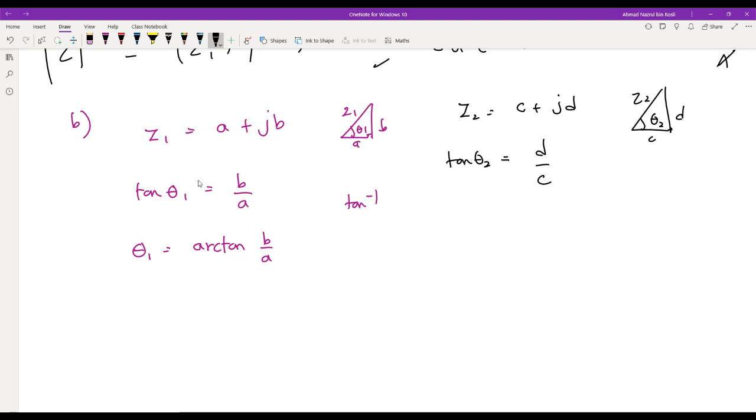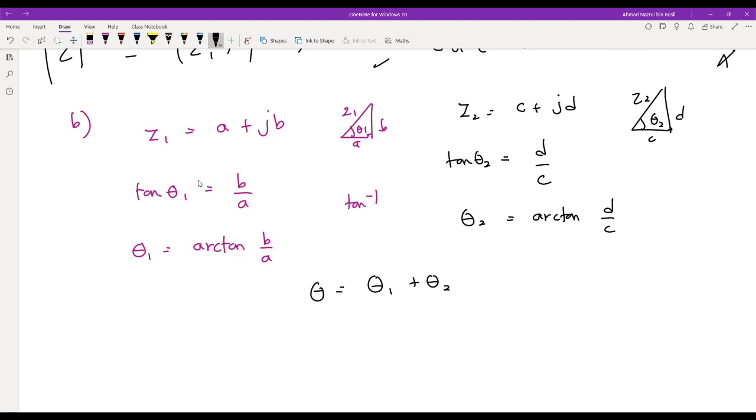So tan theta 2 equals D over C. So theta 2 is equal to arctan, or tan to the power of minus 1, of D over C. And then from here we can get theta is equal to theta 1 plus theta 2.